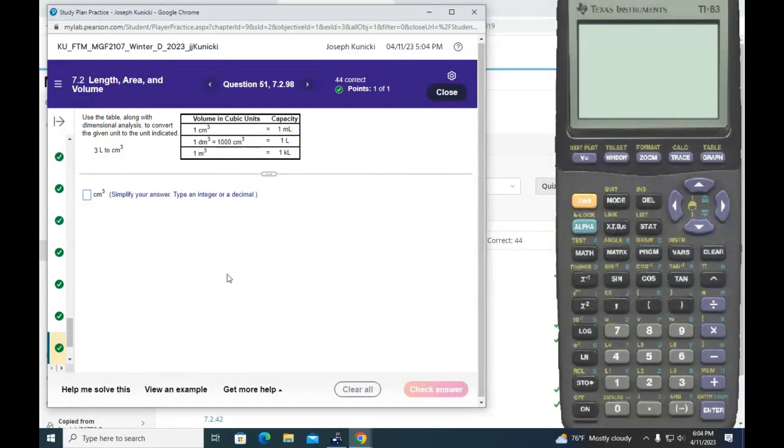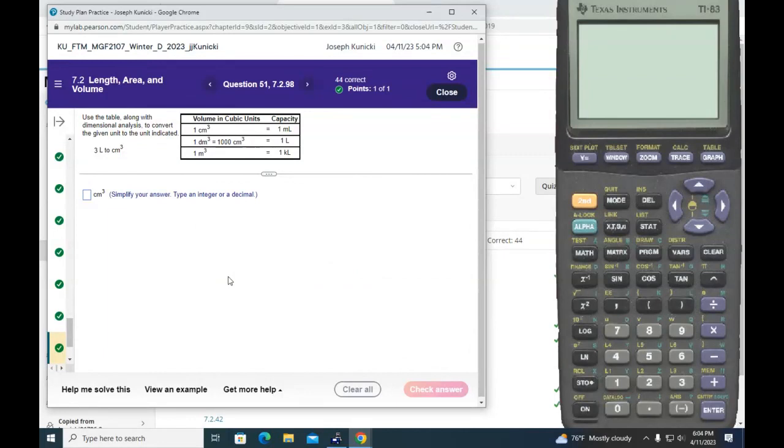98. 3 liters to centimeters cubed. So 3 liters. First of all, look at the liters. 1 liter equals 1,000 centimeters cubed.